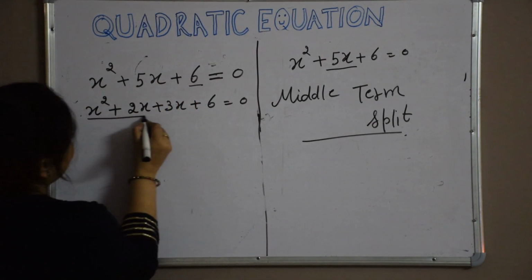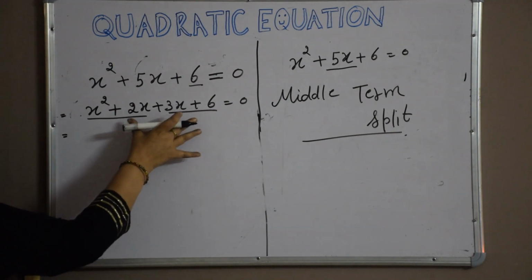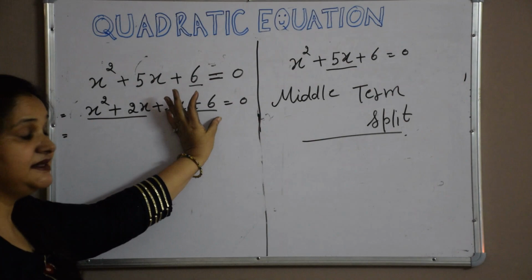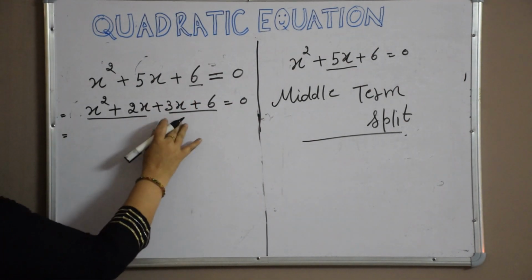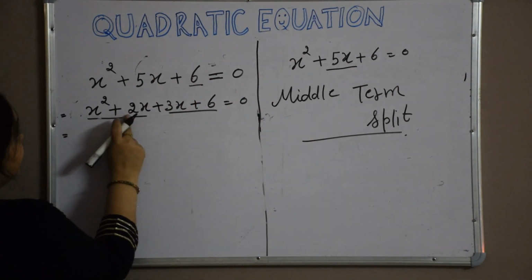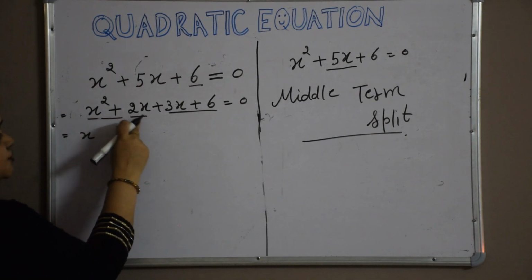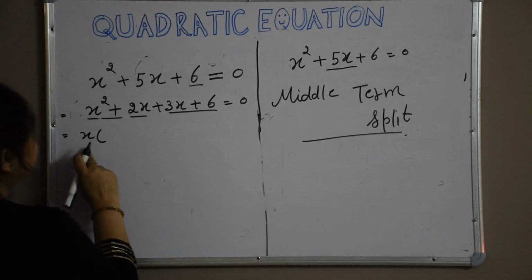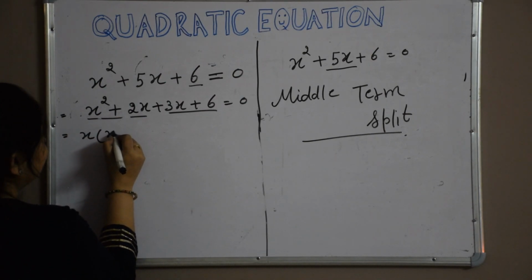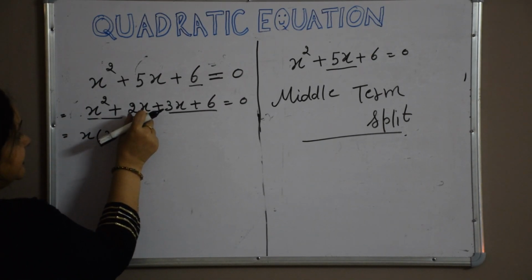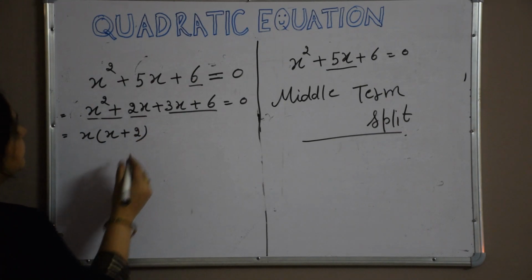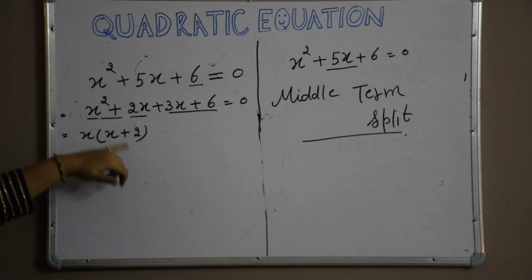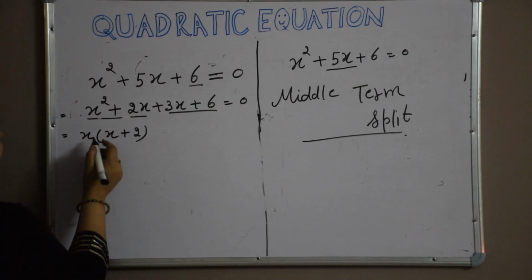Now there are totally 4 terms, and we have to combine these two terms and those two terms. By combining them, how can we solve? We can take x common. I have to check what I can take that is common to both the terms. Here x is common, and we are left with x. Common means we take that number which, when we divide, gives the same value.